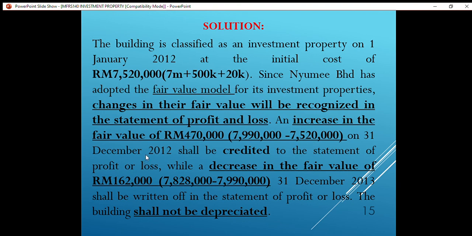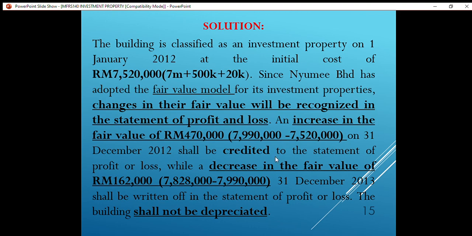So the increase in fair value of 470,000 shall be credited to the SOPOL, or in other words, recognized as a fair value gain in the SOPOL.